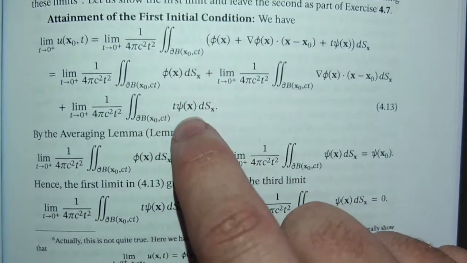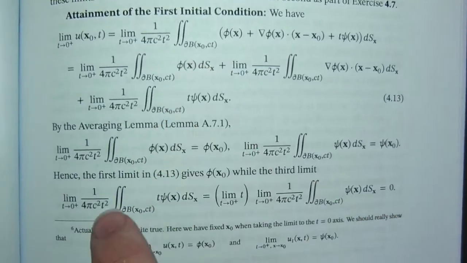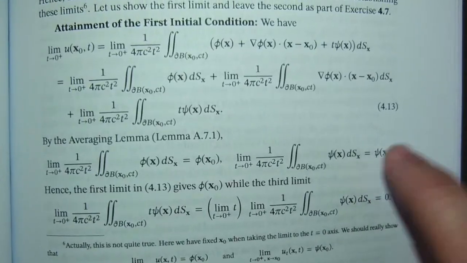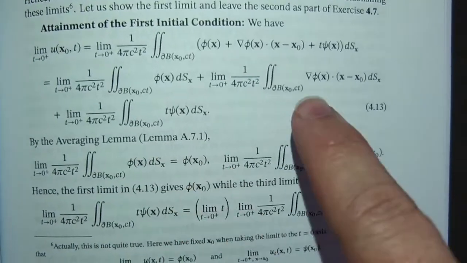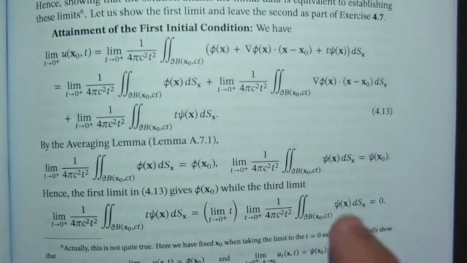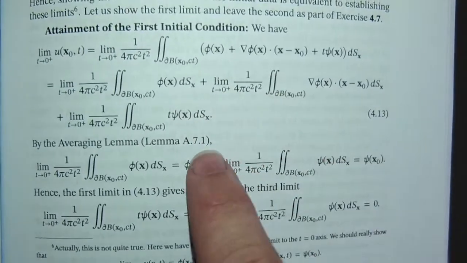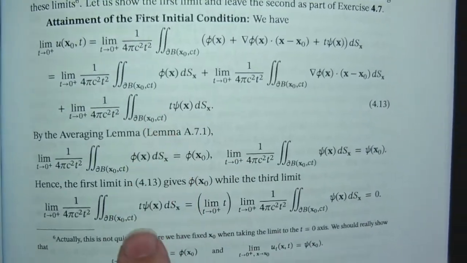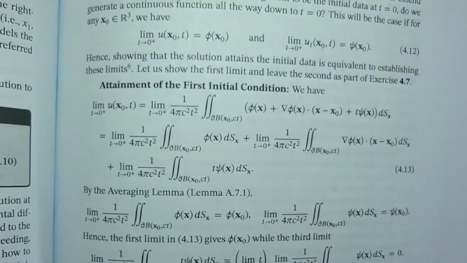the first and last piece of this integral work out to be exactly phi and c. So the first works out to be phi, and the third limit ends up being 0 as t goes to 0 because of this t multiplying it.